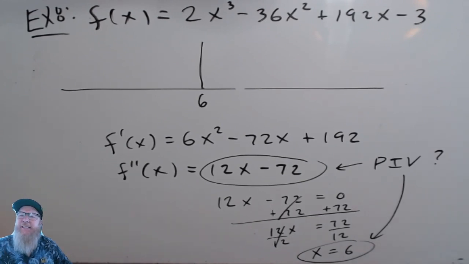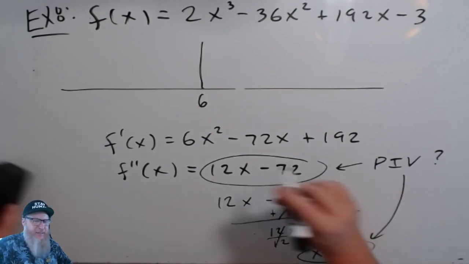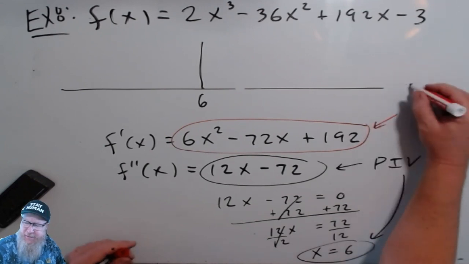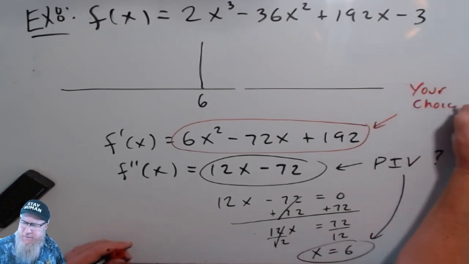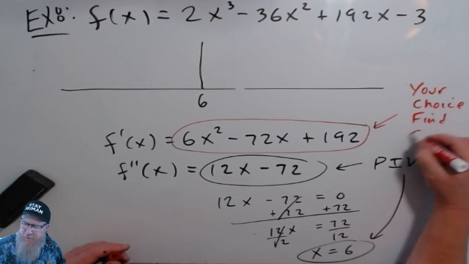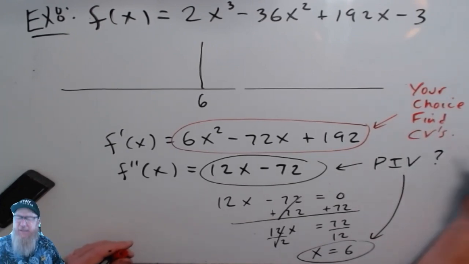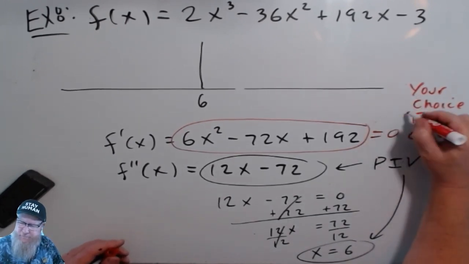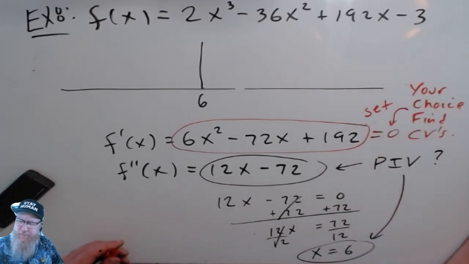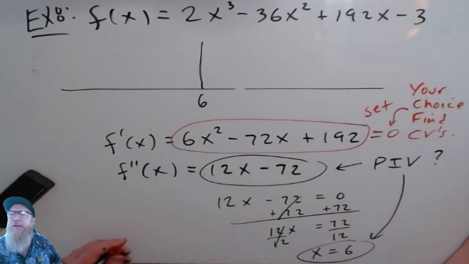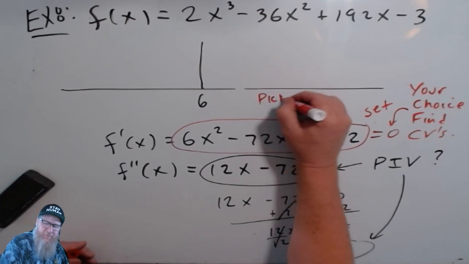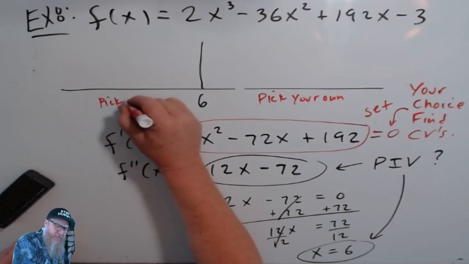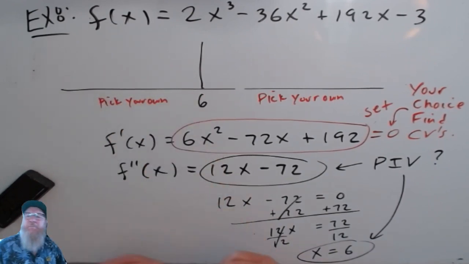Now, since I skipped the first derivative test, you have a choice. You could find the critical values by setting this equal to 0. So you could set this thing equal to 0 and solve it, or you could pick your own. It's up to you.